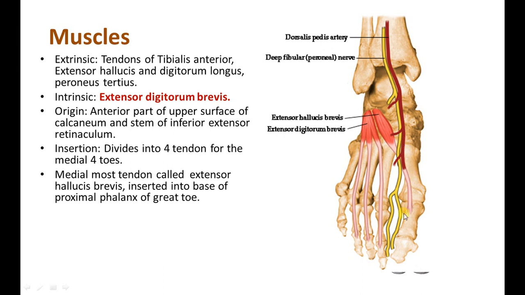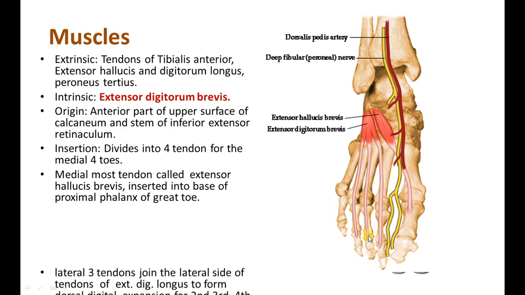Extensor hallucis brevis gets inserted into the base of the proximal phalanx of the great toe. Okay. So it is inserting into the great toe, whereas the lateral 3 tendons join with the tendons of extensor digitorum longus to form the dorsal digital expansion.